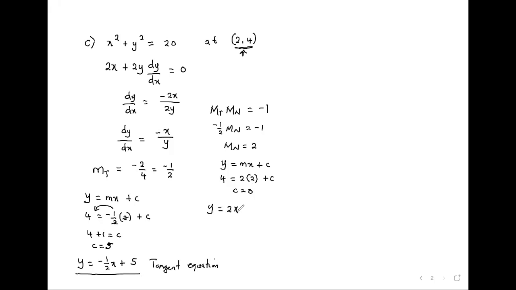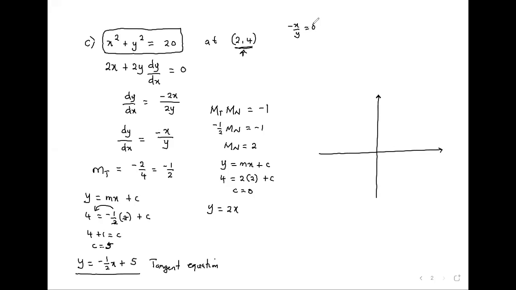Then the sketch of this. Let's try to find from the first derivative. If you equate it to 0, you will notice that you have negative x over y is equal to 0. And this is only 0 when x is 0.